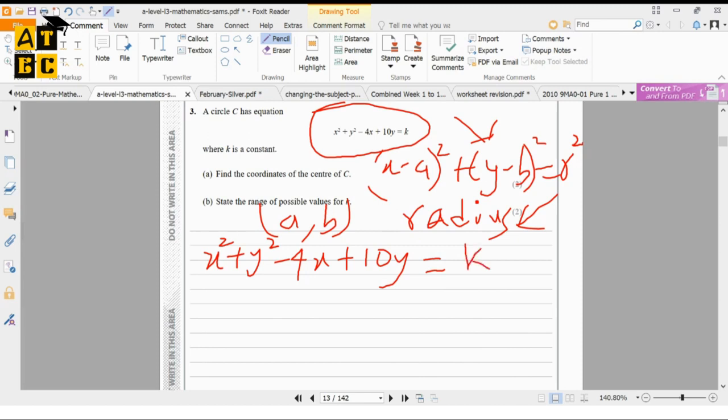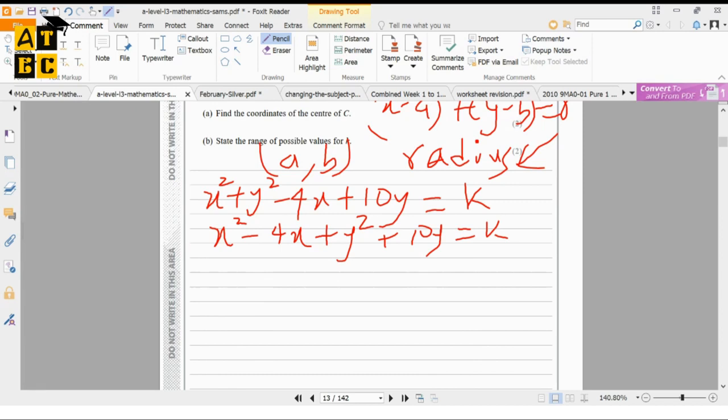On the right hand side you have k, a constant that you don't know right now. You may just want to rearrange: x squared minus 4x, so that it will be clearer when you are solving the question, plus y squared plus 10y equals k.